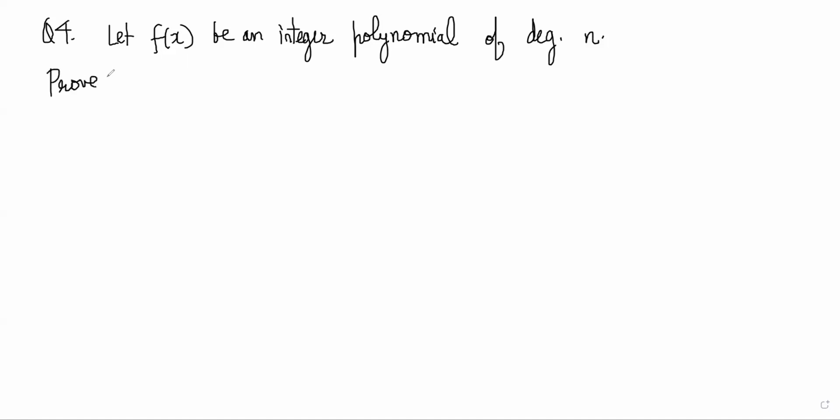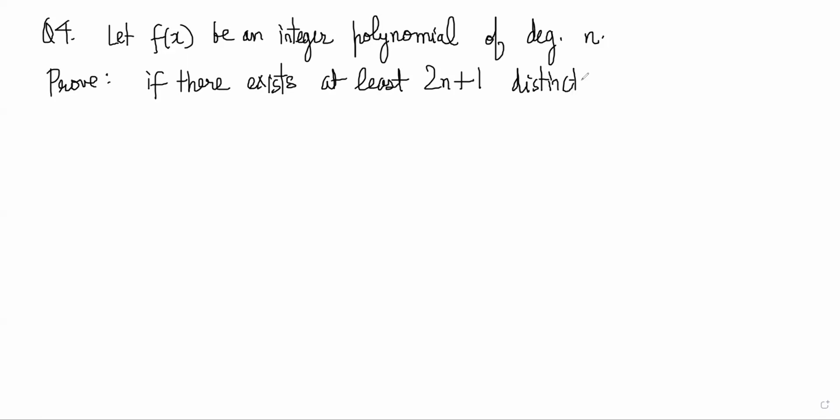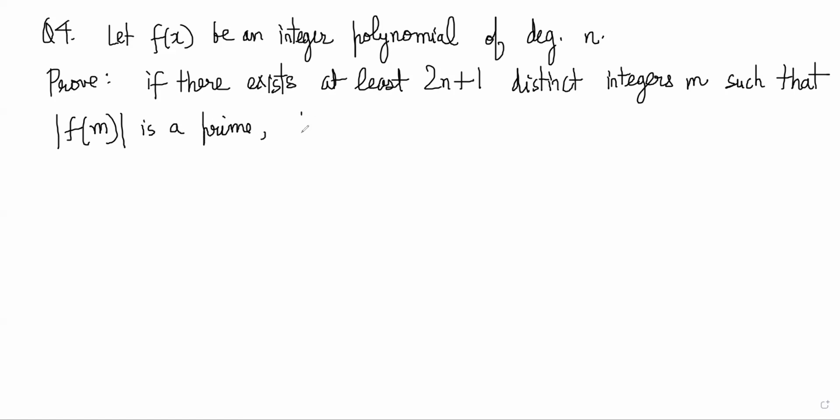Prove that if there exist at least 2n plus 1 distinct integers m such that the absolute value of f(m) is a prime, then f(x) is irreducible in Z[x].